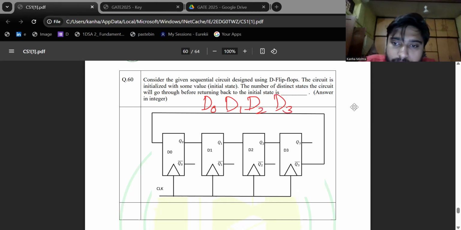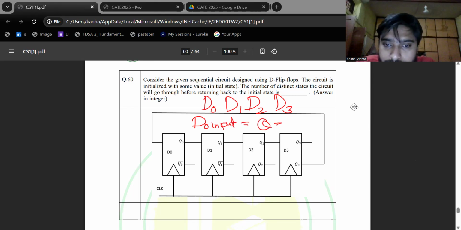The input of D0 is basically Q3, and when the clock is applied, the output will be this.